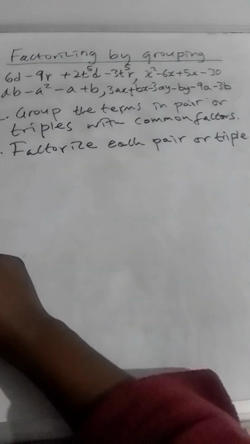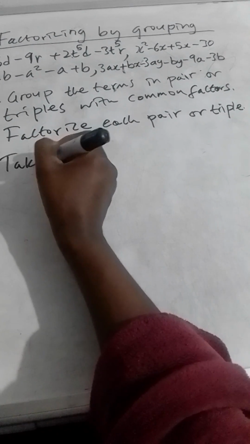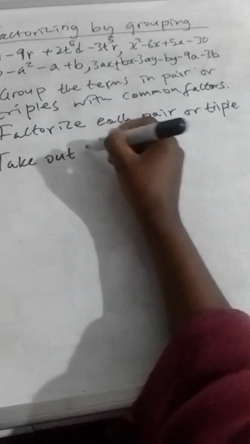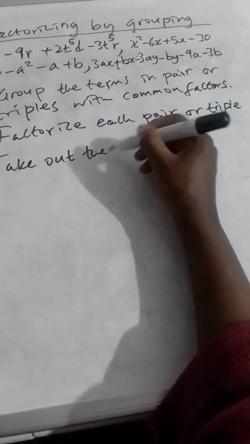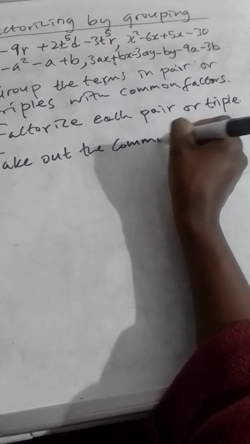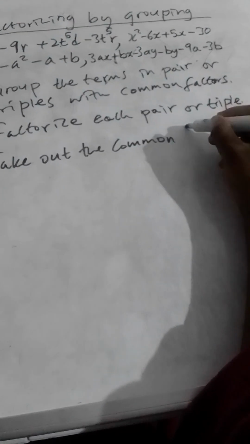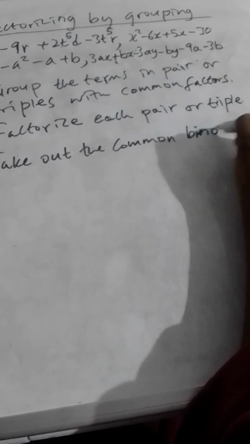Right. Then 3. Take out the common binomial or trinomial factor, depending on whether you grouped in triples or doubles.